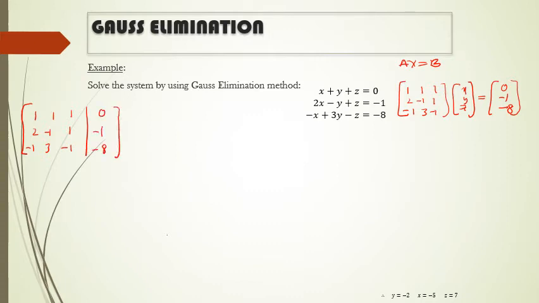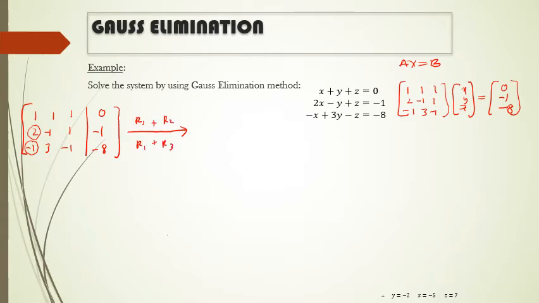So we need to reduce A until we get upper triangular form. So remember using the ERO. I hope you still remember how to perform ERO. So I want to make 0 here and 0 here, so it's between R1 and R2, R1 and R3.